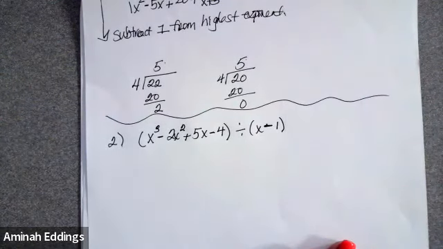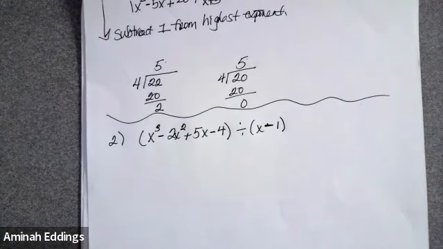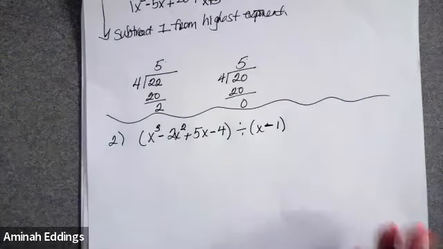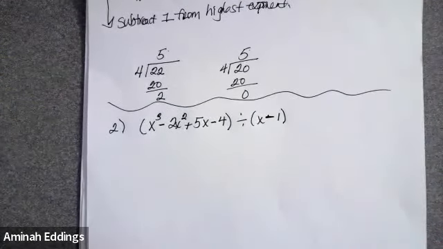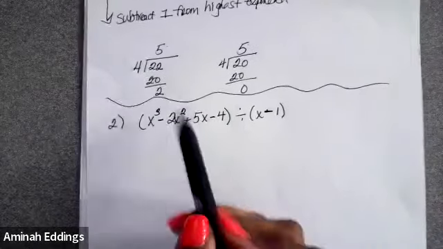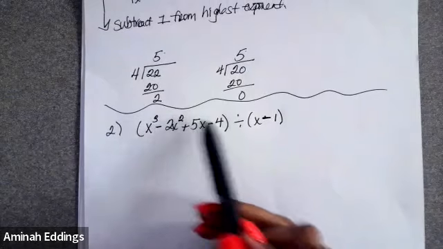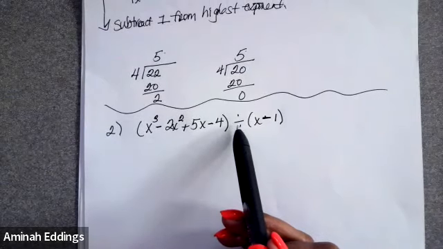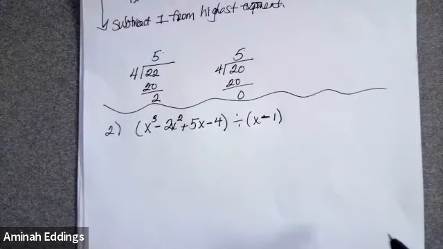Okay. All right, so first things first, we make sure all of our exponents are accounted for. So what is our degree or highest exponent? 3. And so we count backwards. 3, 2, 1, 0. So everything is accounted for. What do we do now?